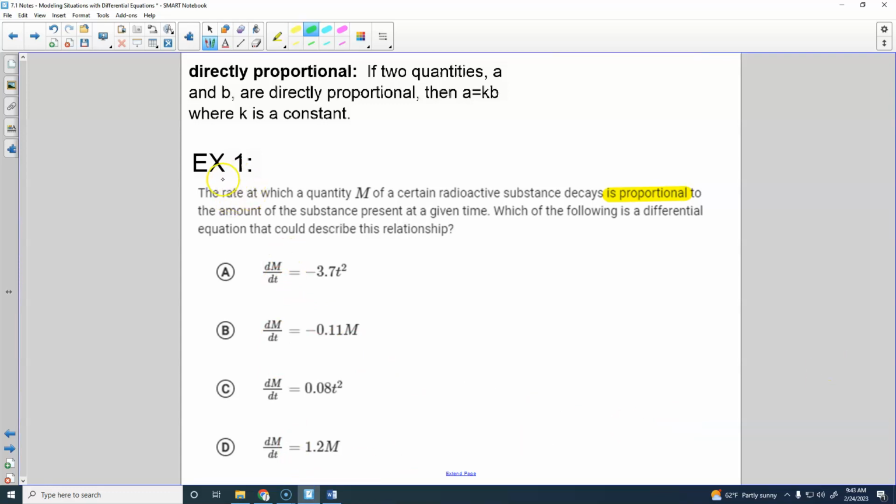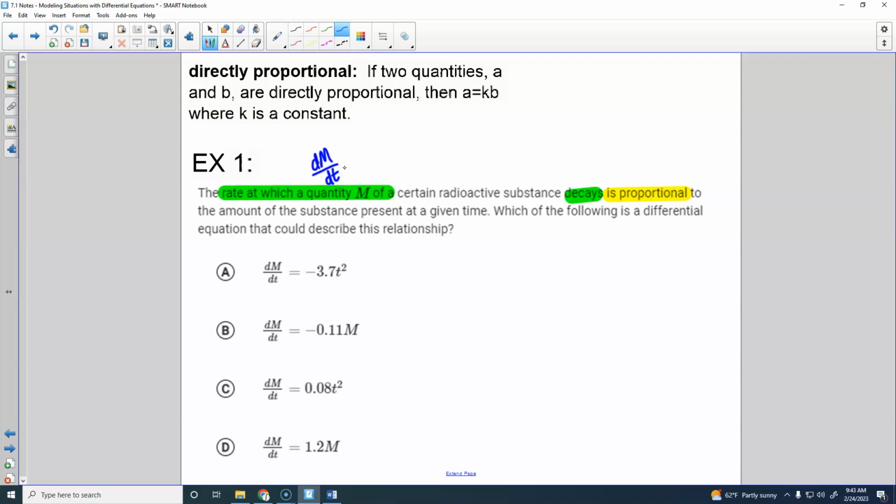But where that comes from, it says the rate at which the quantity of m decays, right? So the rate that m is changing is what we have here. So the rate of m, this part right here, is dm dt.